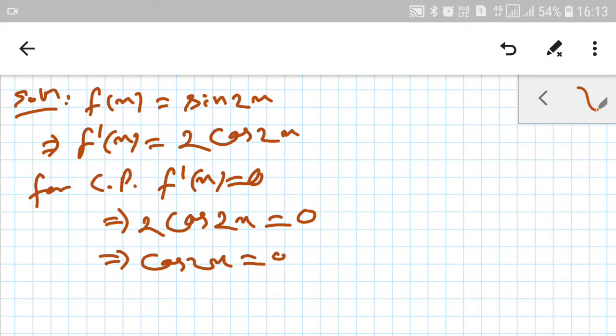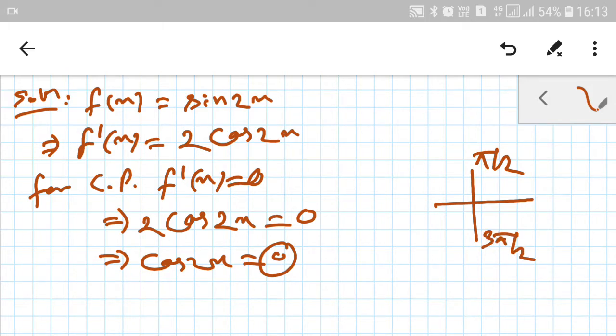Now cos attains 0 at various points like pi by 2, then it will be 0 again at 3 pi by 2, then 5 pi by 2, then 7 pi by 2. It will go like this.